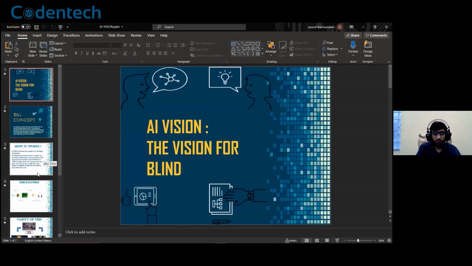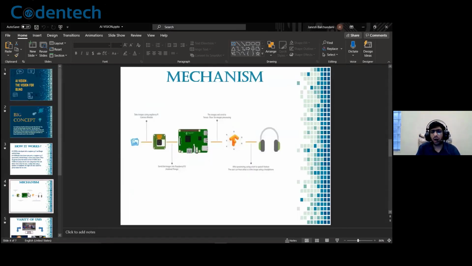So as I was talking about the smart vision or smart camera for blind people, the mechanism works like this for AI/ML: first the camera sees the images and the surroundings, and similarly in a Raspberry Pi, it interprets things and modifies them according to the machine's understanding.